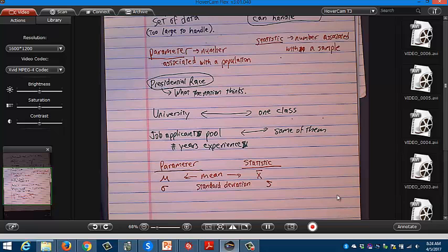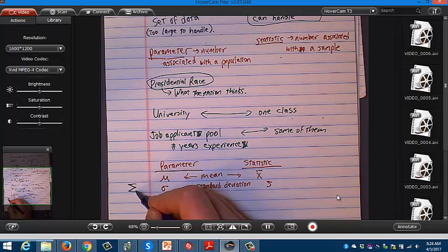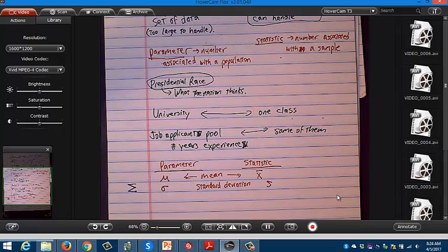Believe it or not, it kind of looks like a cursive S if you stretch your imagination a little bit. Right? You know what's funny is the Greeks also had a capital S that you've seen before, right? We use that for sum.